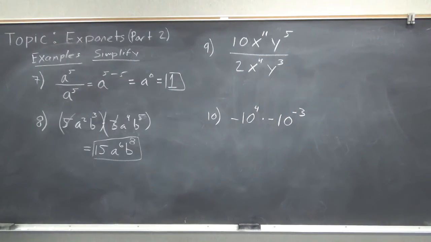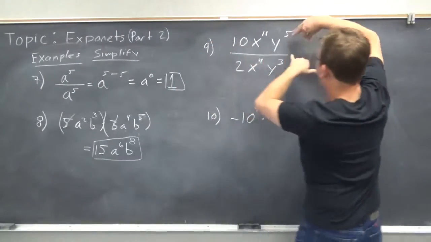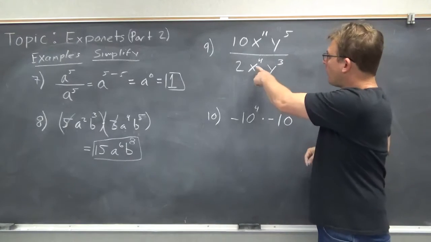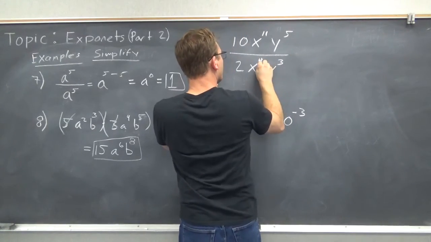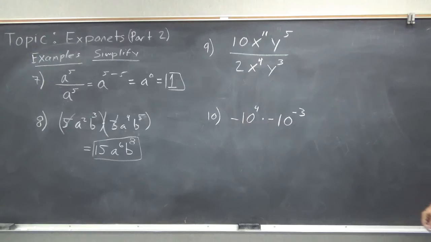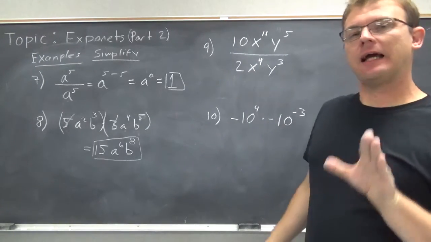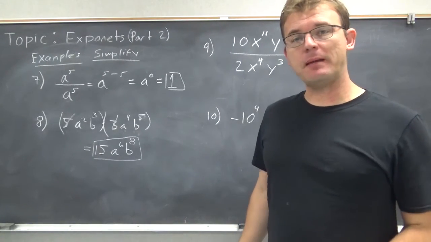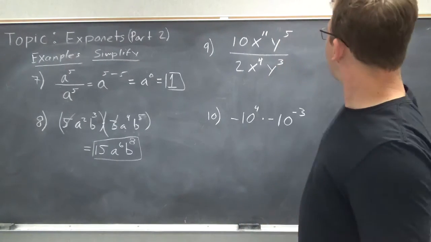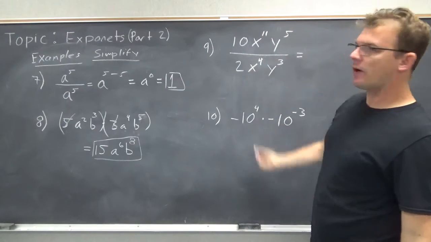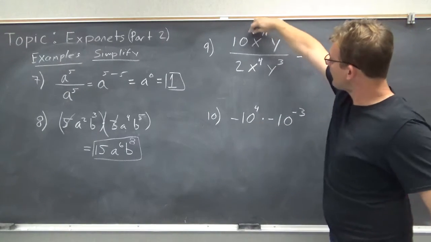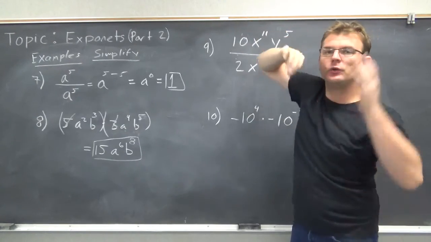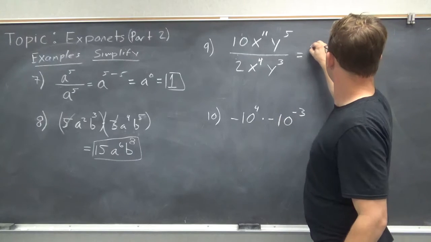So on number 9, you see how all this is divided by all this. And by the way, this is a 4. Okay. So I'm not going to break this down. You can do this, breaking this part down. When I mean breaking this down, you will see in a minute. But what I'm going to do is I'm just going to go ahead and do things like this. 10 divided by 2. 10 divided by 2 is 5, right?